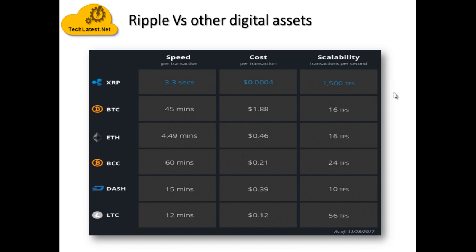The main reason we have the high transaction speed is because XRP or Ripple is focused on solving one problem using blockchain technology, and that is transferring value, mostly across borders through the banks, whereas other digital assets have various use cases.